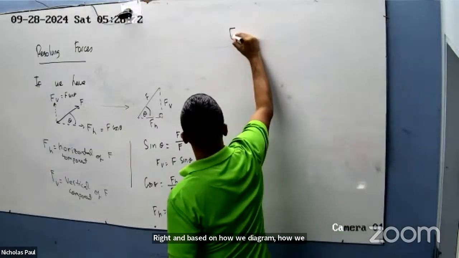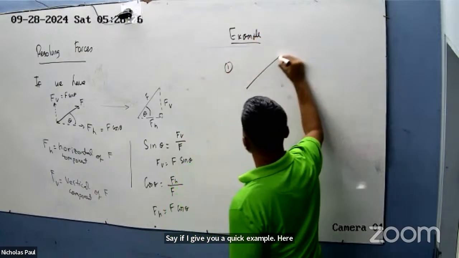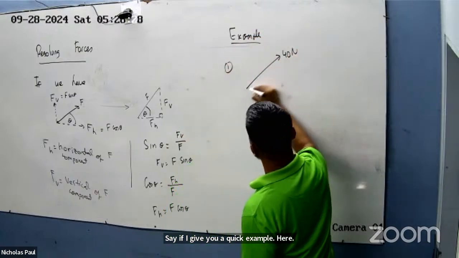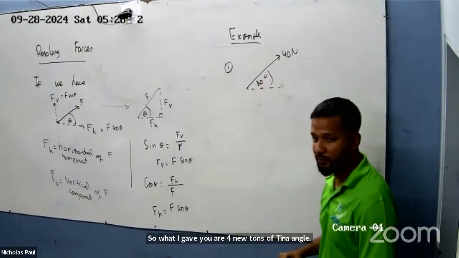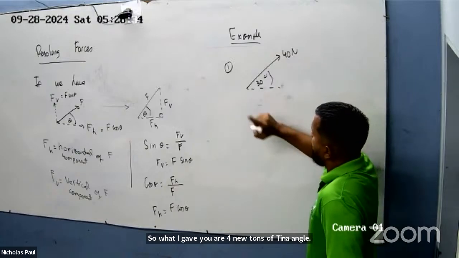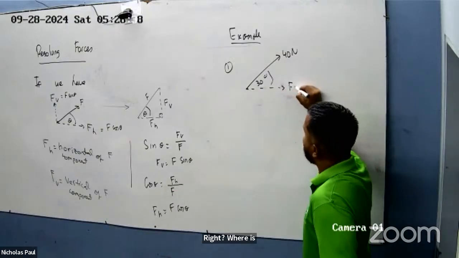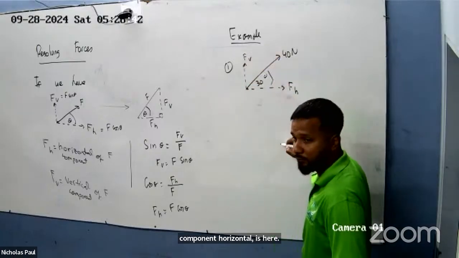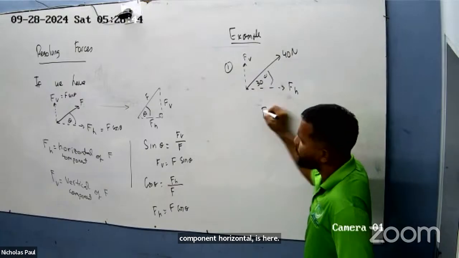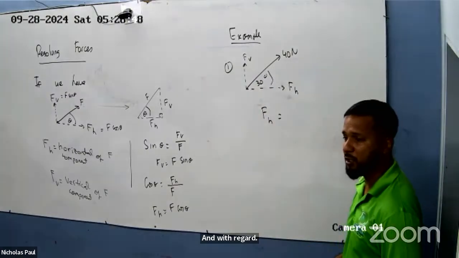So if I give you a quick example, suppose I gave you a force of 40 newtons acting at an angle of 30 degrees. Where is the horizontal and where is the vertical component? Horizontal is here and vertical is here. Without doing all of that, the horizontal component is what? Watch here, Olivia.